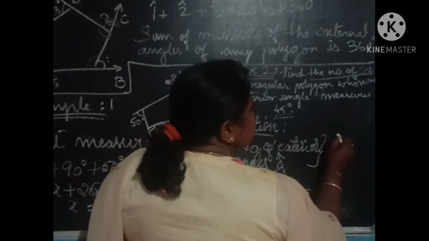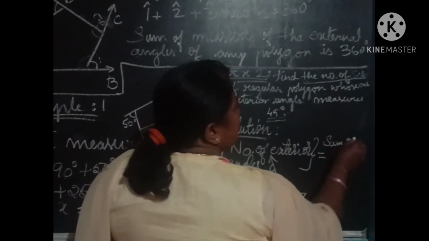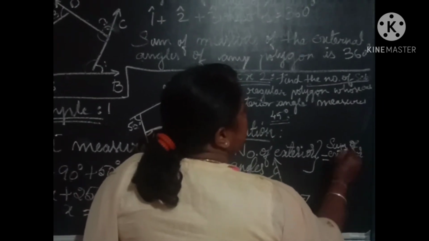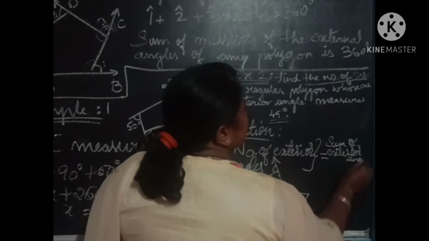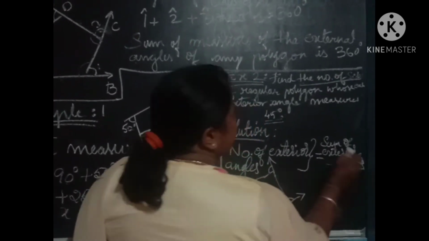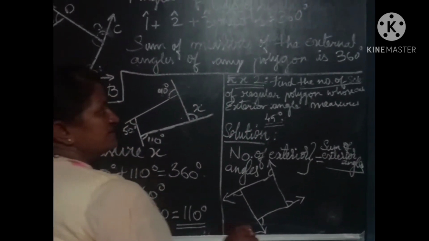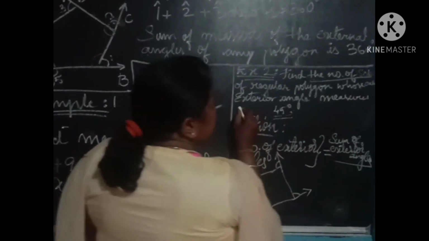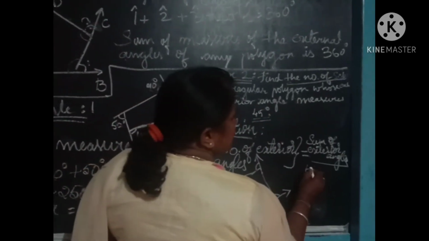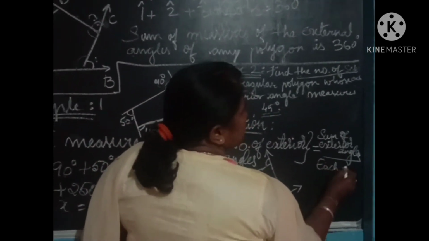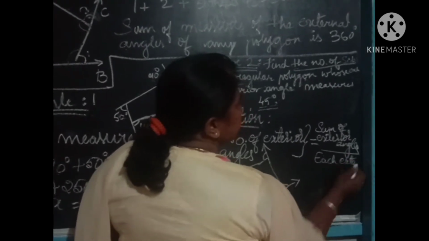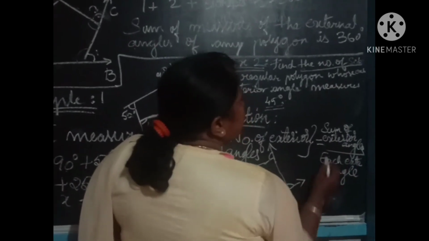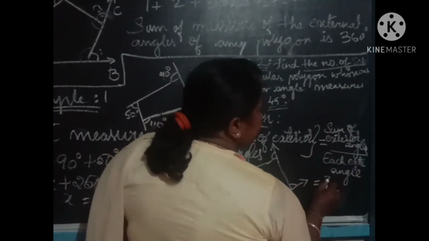So we know that the sum of exterior angles divided by each exterior angle, correct?